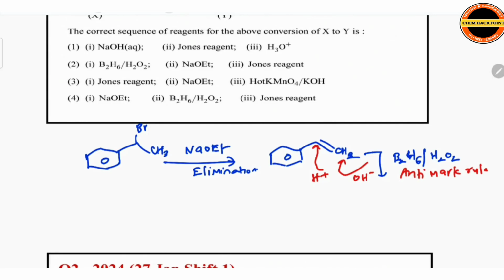So here it is anti-Markovnikov's rule. Finally, after completion of hydroboration oxidation, you will get CH2OH, and we know it is a primary alcohol.